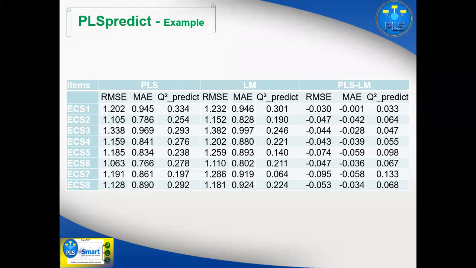ECS 1 to 8 are my items for my target construct, that is my DV. When I run the model, it will give me two sets of values: one is called PLS, the other one is called LM.